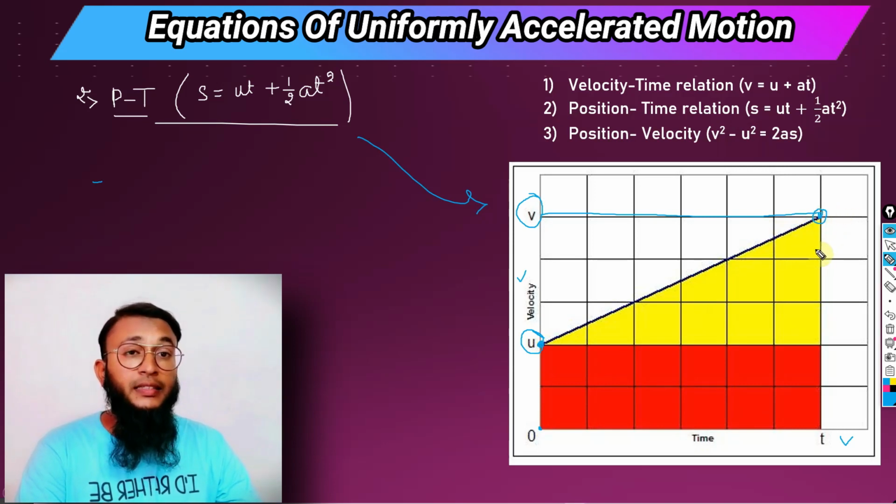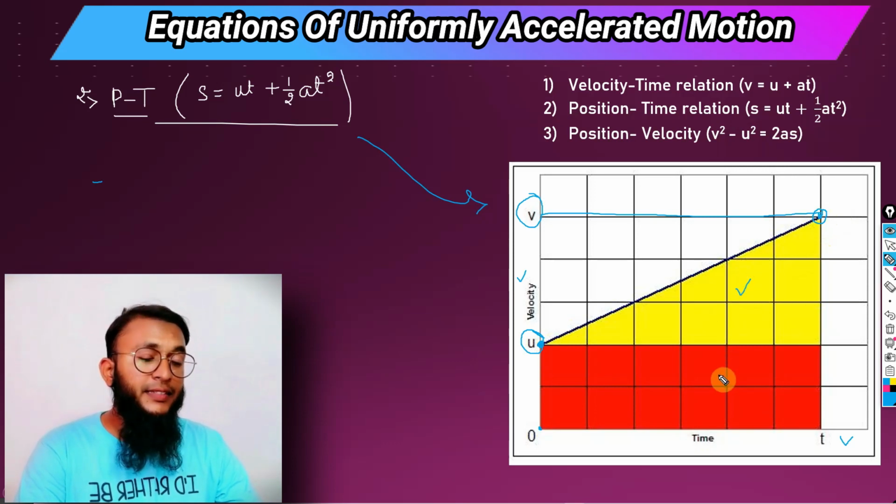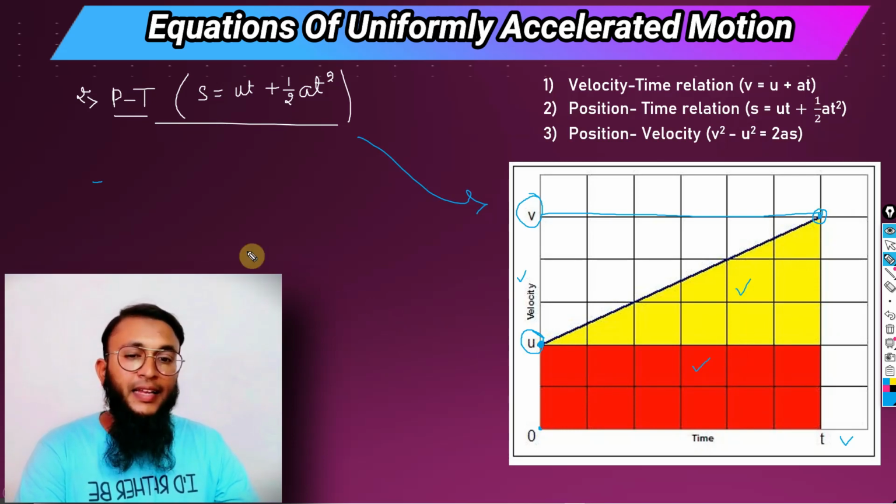That means velocity is continuously changing. So we have to first find the area under this graph. Area under the graph gives us the displacement covered by the object. So let's find the area under the graph.